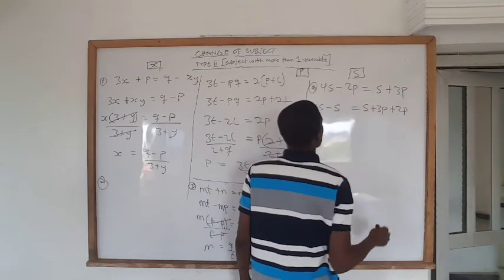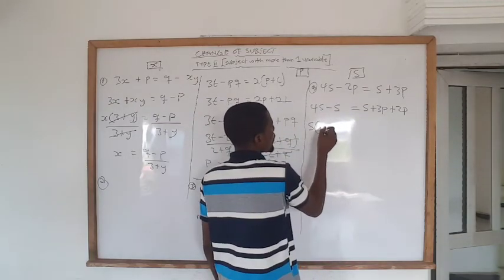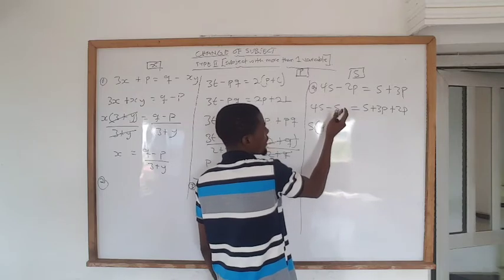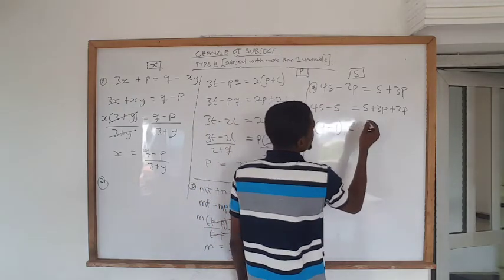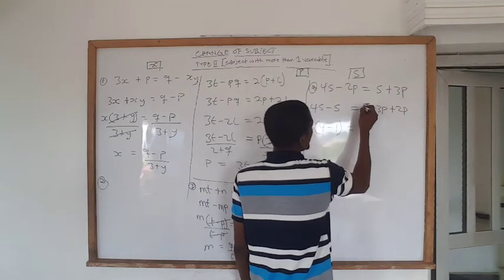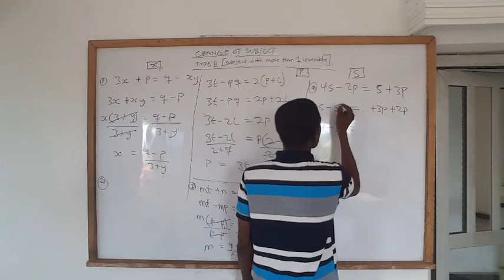This one goes there. So when we factorize s out, it's going to be 4 minus, now whenever you factorize anything and you are left with 1, don't forget that 1. So 4 minus 1 is going to give you 3.